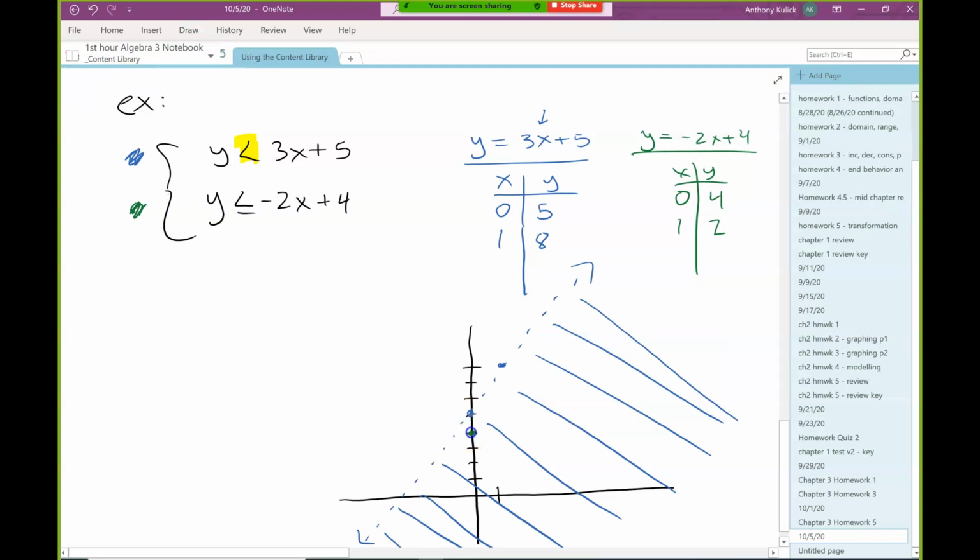So I have 0, 4, and 1, 2. For the second inequality, should I use a solid line or a dashed line? Solid. And should I be shading above this line or below this line? Below.